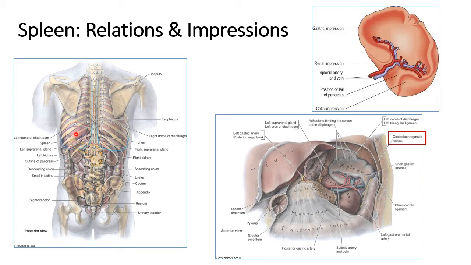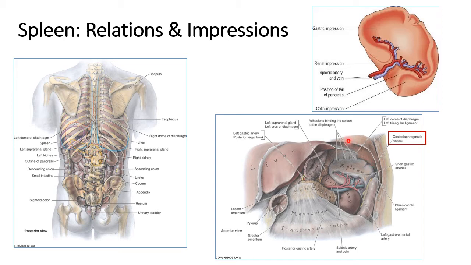So this is the 10th rib, which runs with the long axis of the spleen. These are the posterior relations, and with the posterior relations there is the diaphragm, which is always posterior to the spleen, and that's why we call it the diaphragmatic surface.